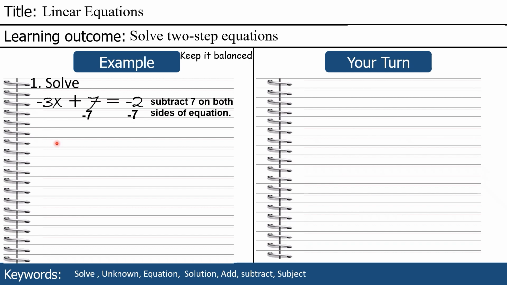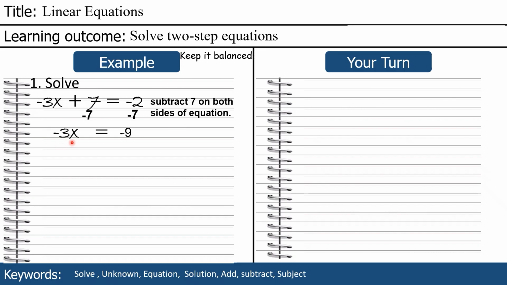Now we have negative 3x being equal to negative 2 subtract 7, and this is negative 9. Again, we will reverse the last operation done to x. So let's undo the last operation.